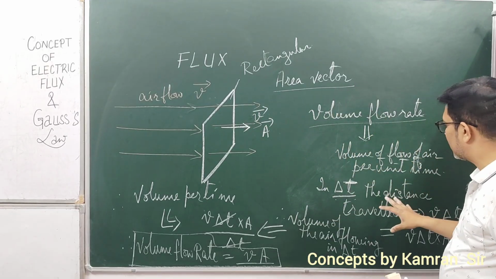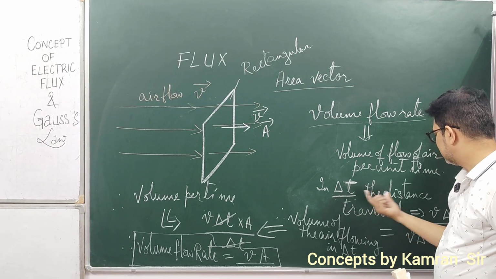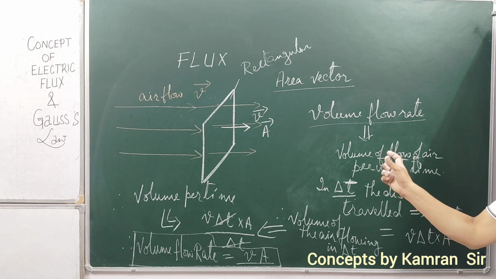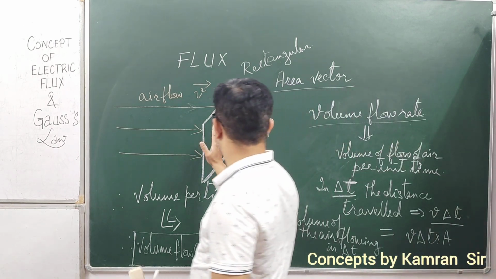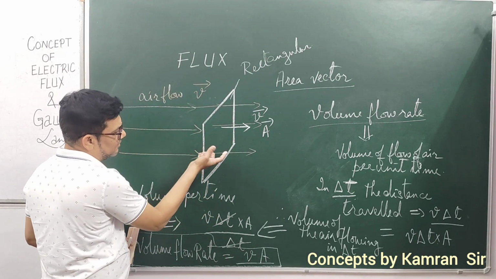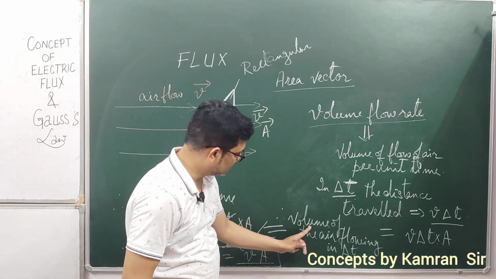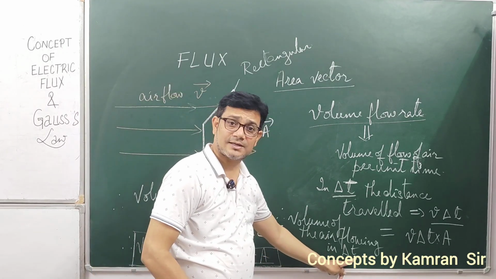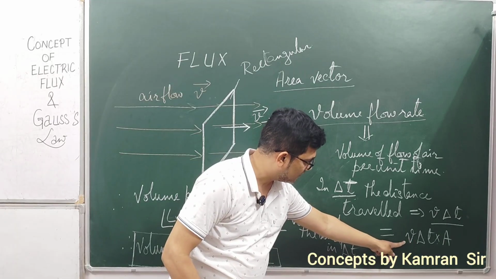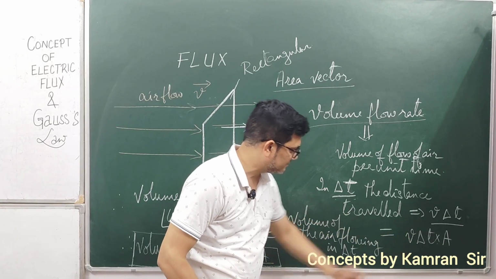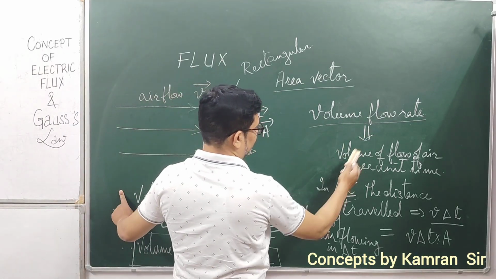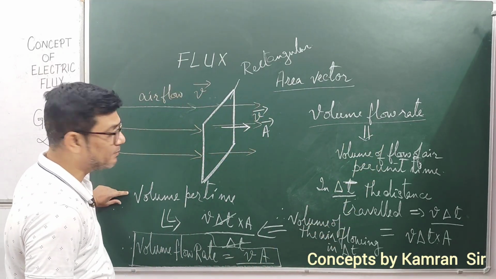And we conceptualize, suppose in delta t, the distance traveled would be v times delta t. If we know the area, when we multiply the area with the distance, we get volume. So now we know the volume of air flowing through that loop in delta t is velocity times delta t times A. We are interested to find the volume flow rate, that is volume of flow of air per unit time.